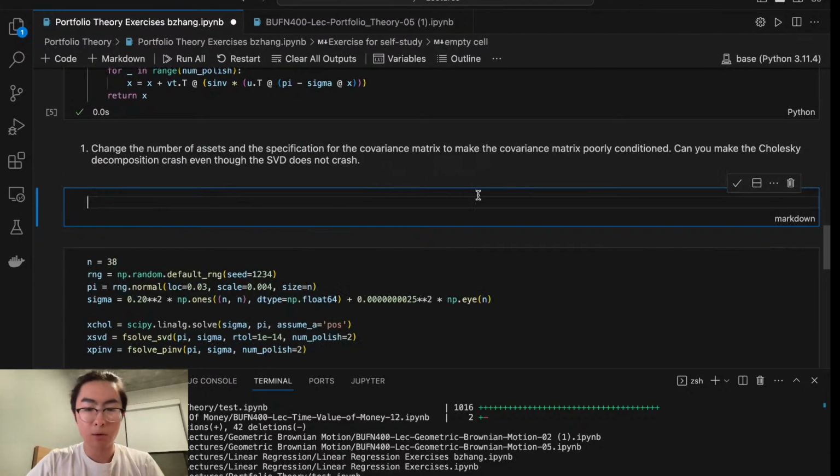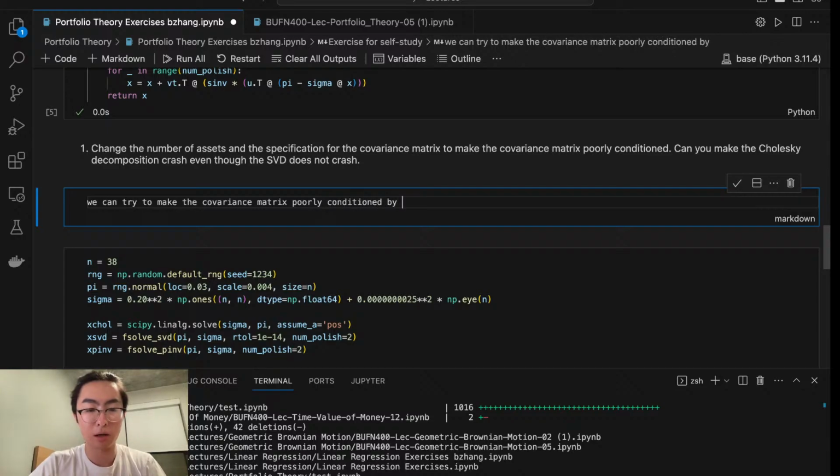So we can try to make the covariance matrix poorly conditioned by making some of the covariances negative.